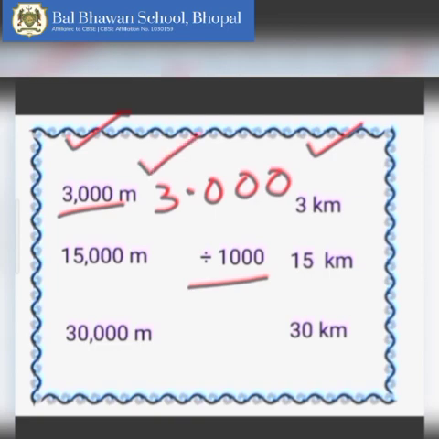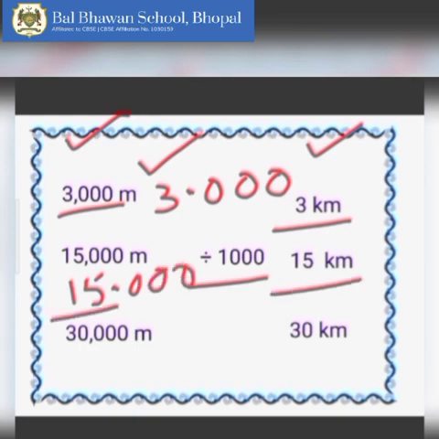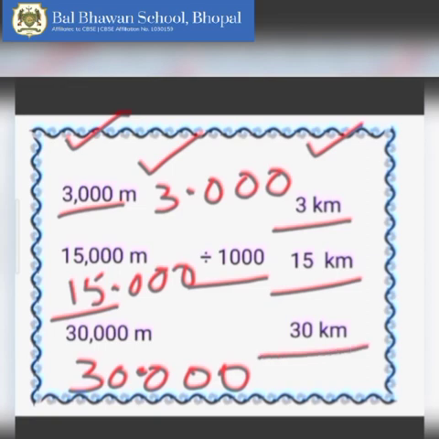So here we have got the answer 3 kilometers. Same in 15,000 meters, we will put the decimal before 3 places, that is before 3 zeros, and hence we have got 15 kilometers. And same in 30,000 meters, we will put the decimal before 3 places, that is 30 kilometers.